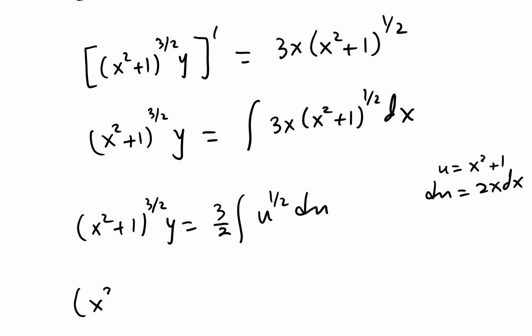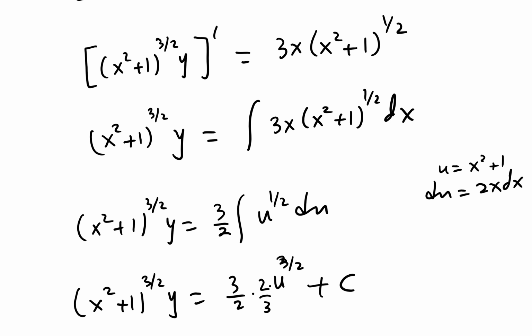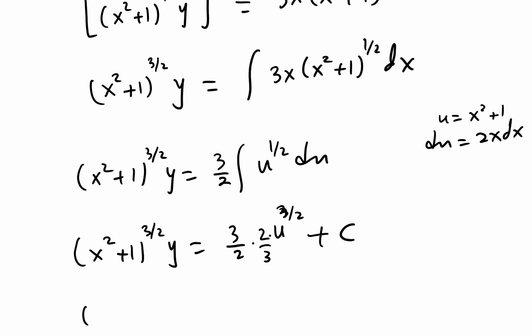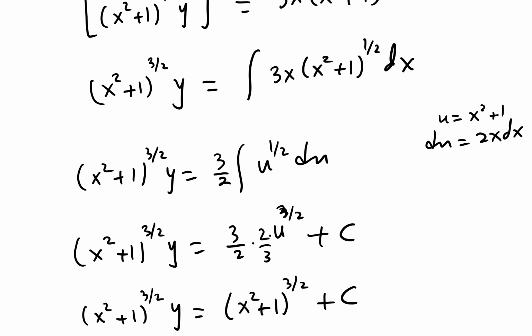So keep this the same. 3/2 u to the 3/2 times 2/3 plus c. Then the left hand side stays the same. U to the 3/2, now we can replace it with x squared plus 1 to the 3/2 plus c.